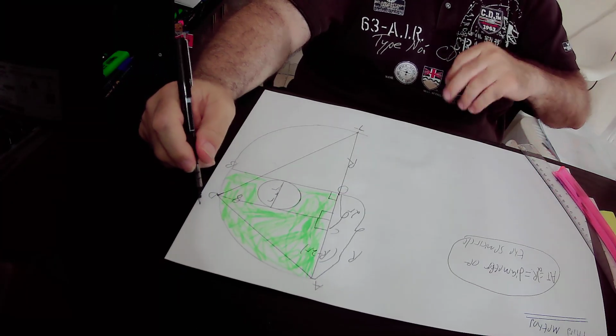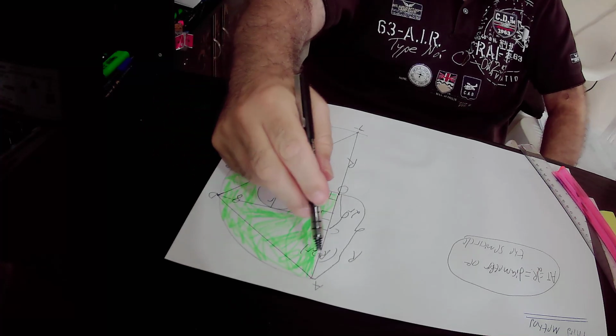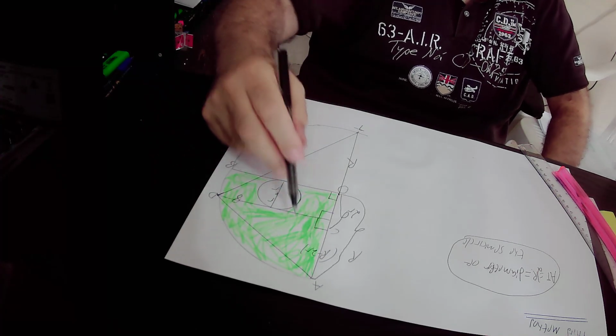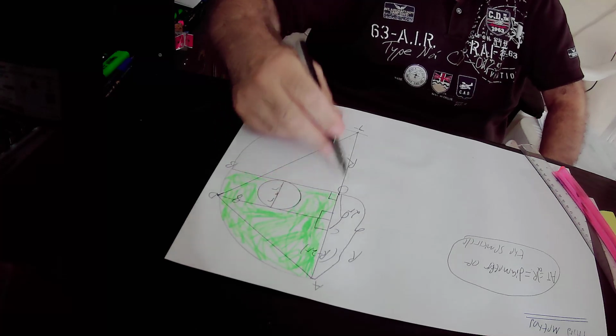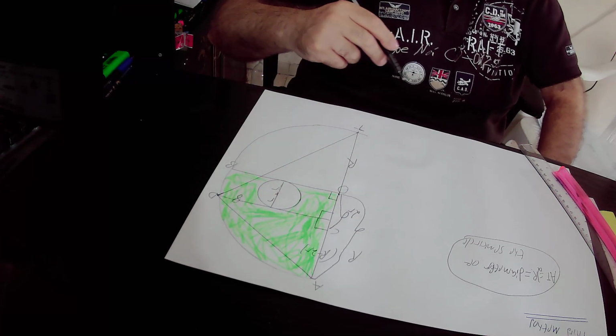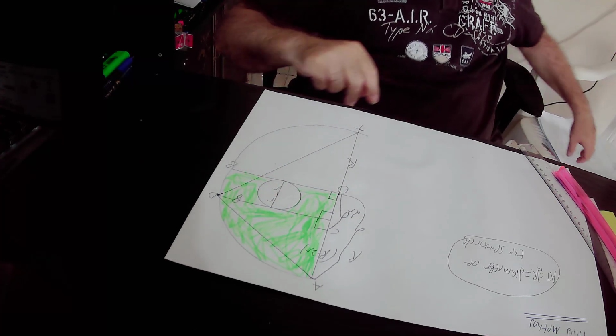So we created here peripheral angle ADT. Peripheral angle ADT rests on AT, that is the diameter of the circle, and we have rule number 5.